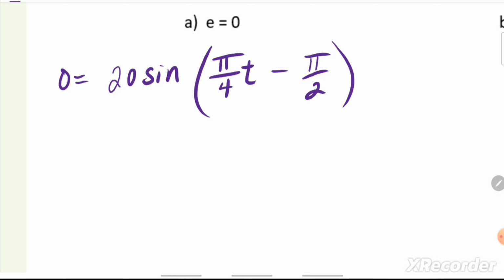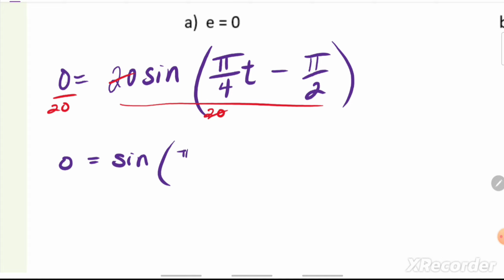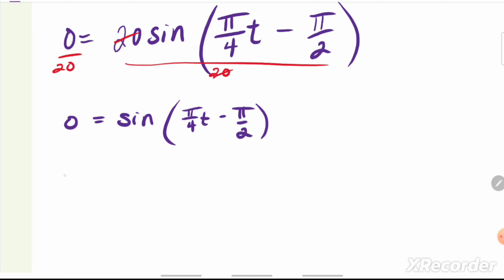This is a trig equation containing a single trig function, so we want to isolate that one and only trig function. We'll start by dividing both sides by 20. We get 0 equals sine of pi over 4t minus pi over 2. Now that we've isolated the one and only trig function, we want to use our inverse trig function to help us solve.